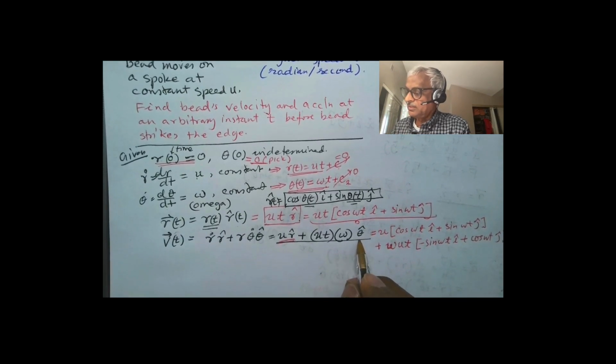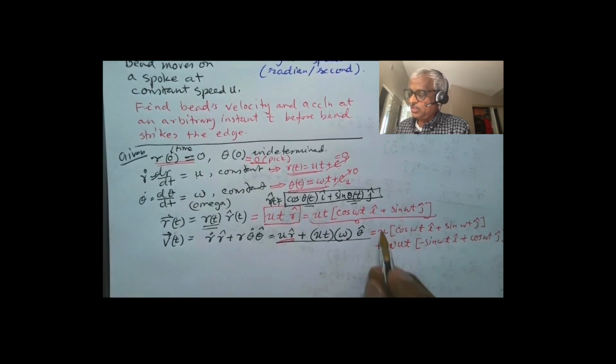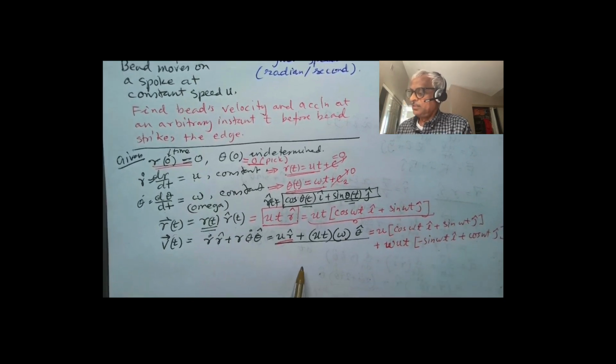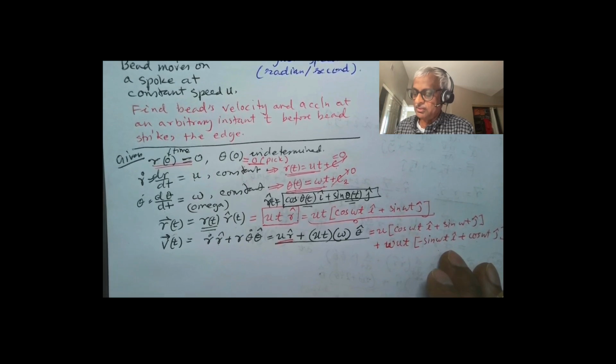Then we can combine i hat and j hat, this will go with that, and so we have a full Cartesian version.